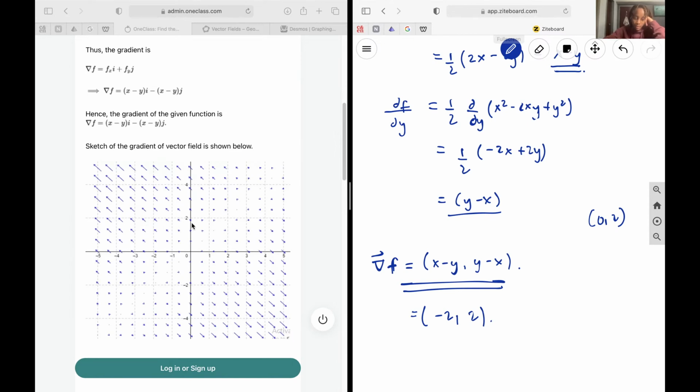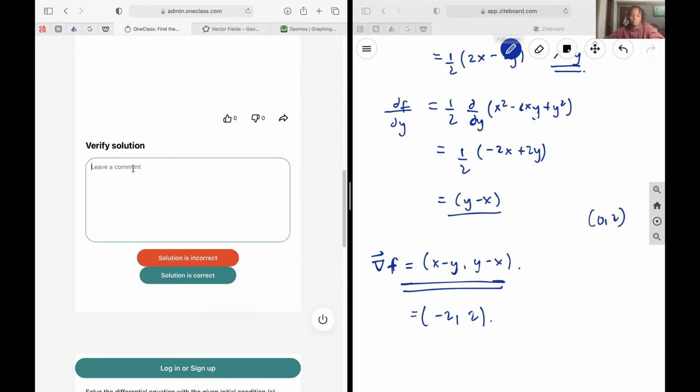And that is the small vector that is shown here. If you go about checking each of these individual vectors, you should get the correct components in order to give you the vector that you see there. And that's it for this question.